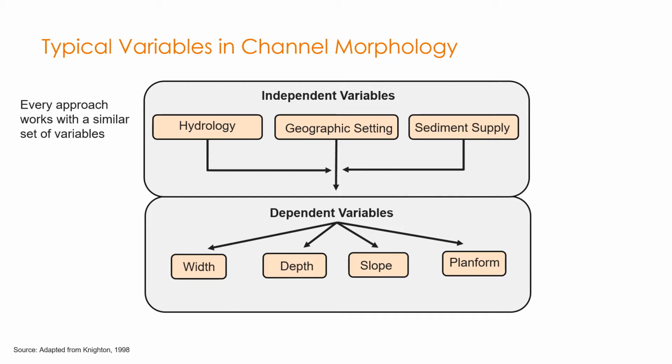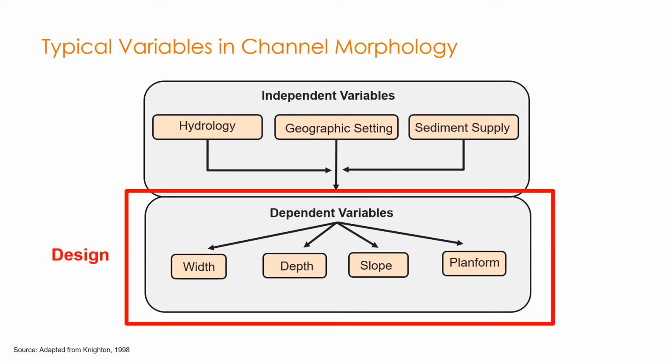These are variables that you generally, more often than not, do not have any control over when you're doing stream realignment or stream restoration. And these variables directly impact the dependent variables. Dependent variables include things like channel width, channel depth, channel slope, and plan form. These dependent variables are what you would typically work with in a stream realignment design.